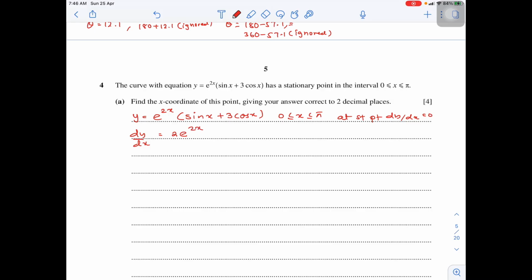So first I have to find the derivative of this, and then I have to equate it with 0. So I'm writing dy over dx is 2 e to the power 2x. The derivative of e to the power 2x is e to the power 2x, but the differentiation of 2x is 2.